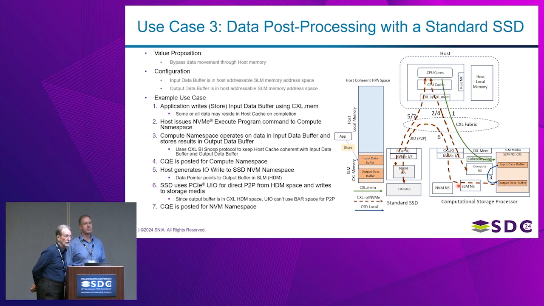That's the only address that exists in an execute command. Step 3 is an execute command. It can only address offsets from the base of an SLM namespace. It has no memory addresses. It only has SLM offsets.